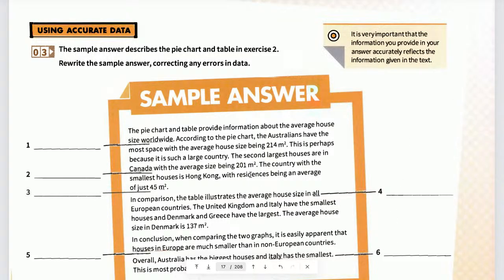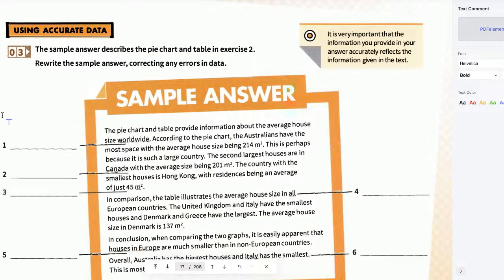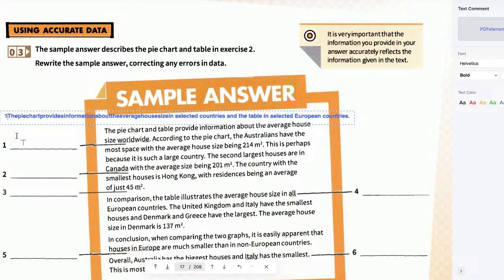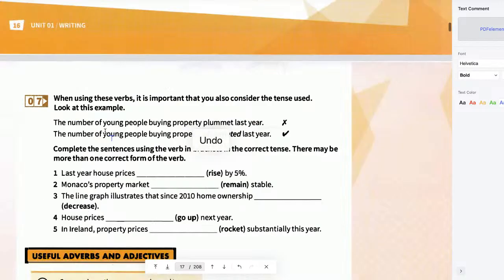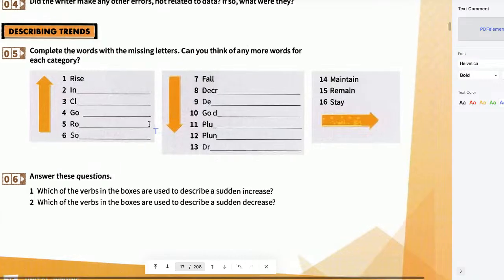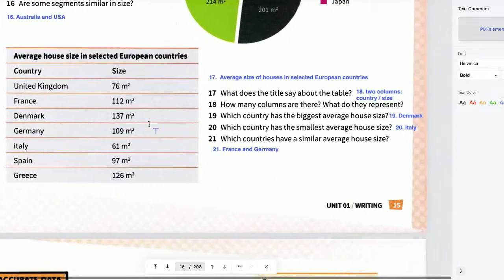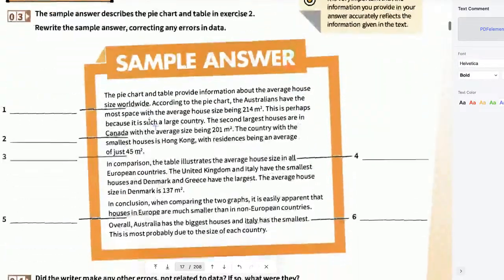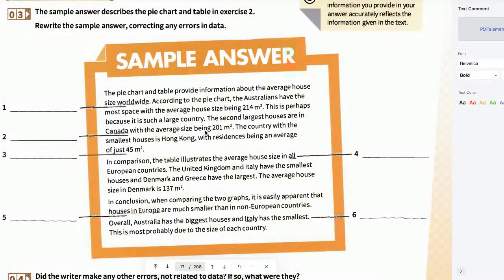TOEIC, tell me. What did you write? Come again?